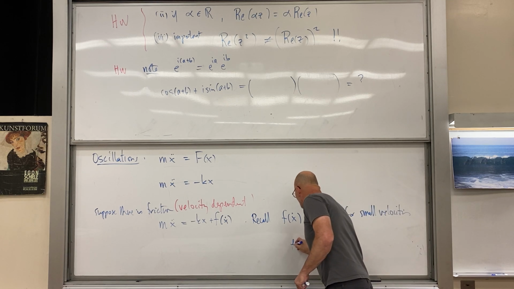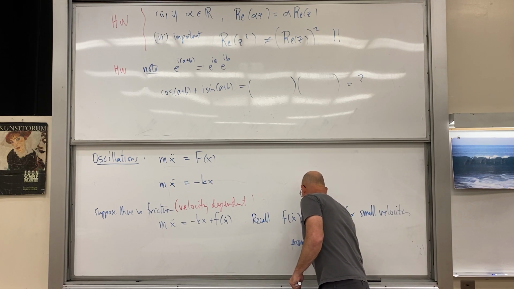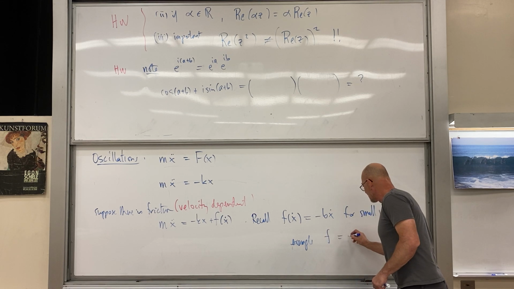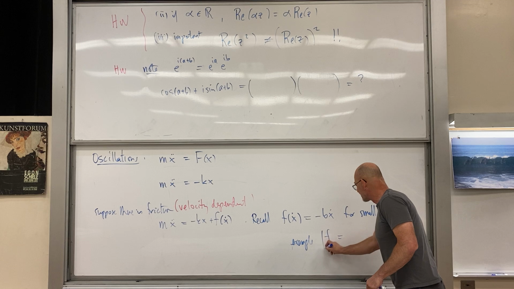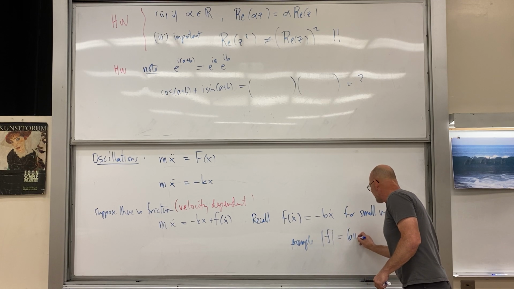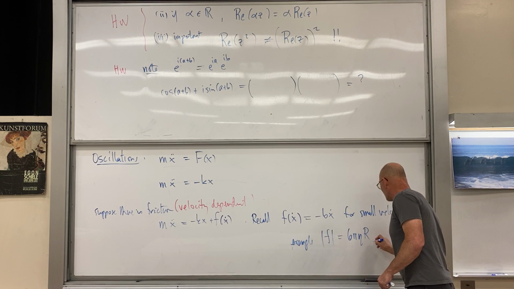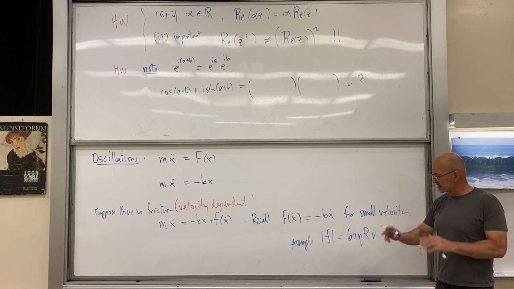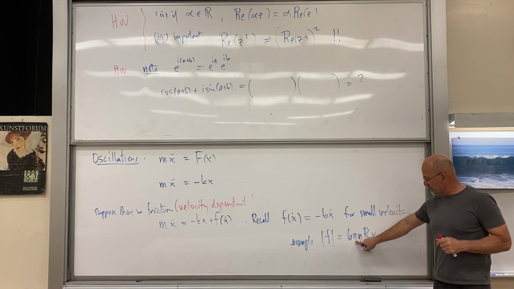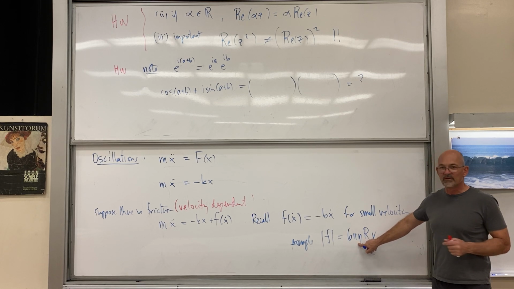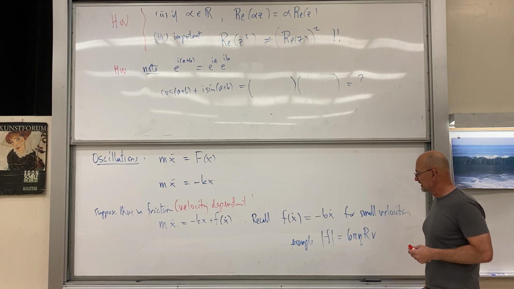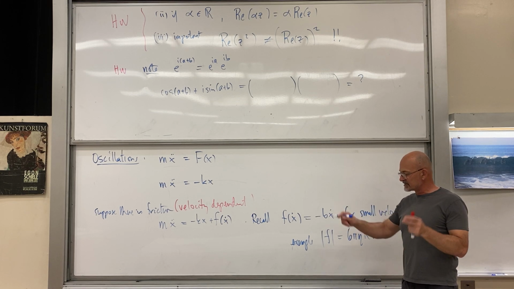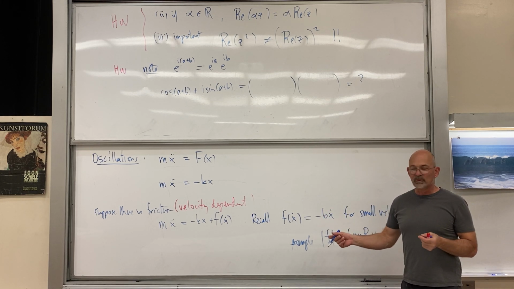Example: the magnitude of F equals 6 pi eta r v, for a small sphere moving through a fluid with viscosity. So we could have a pendulum which has some finite size and it's moving through the air, and the air is a fluid with viscosity.